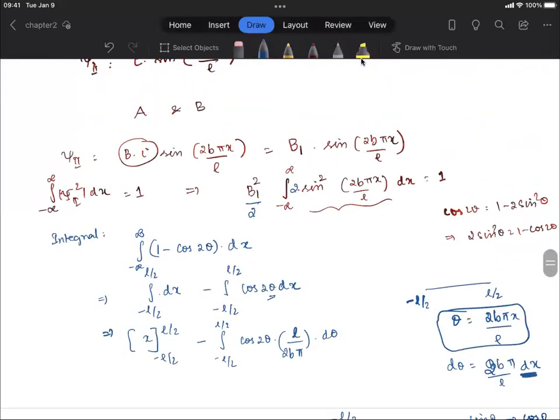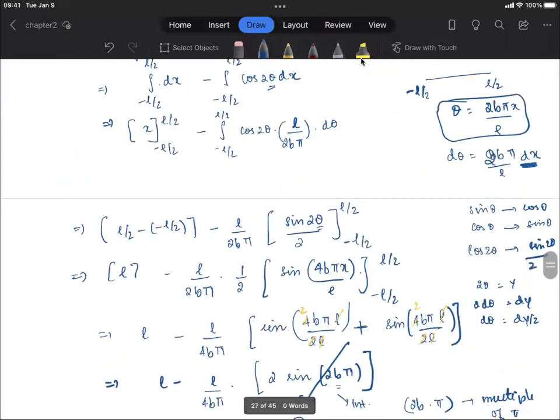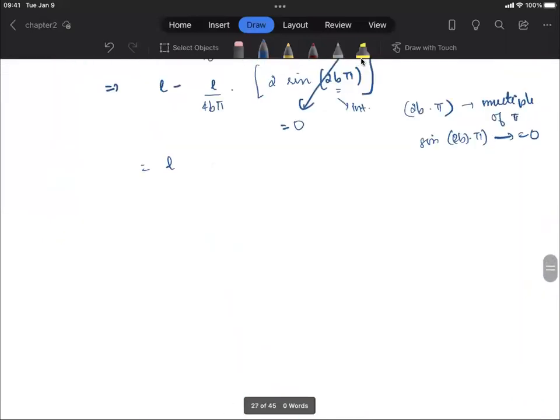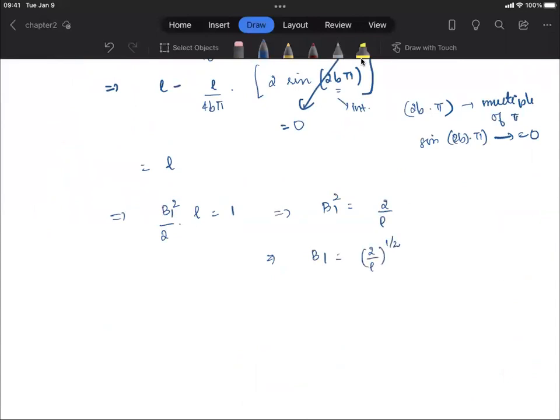So the value of the integral is L, right? Now that would imply b1 squared over 2 times L is equal to 1, or b1 squared is equal to 2 over L. b1 is equal to 2 over L to the power half.